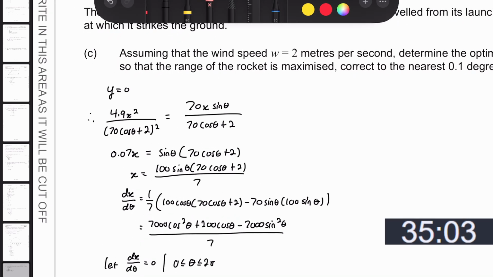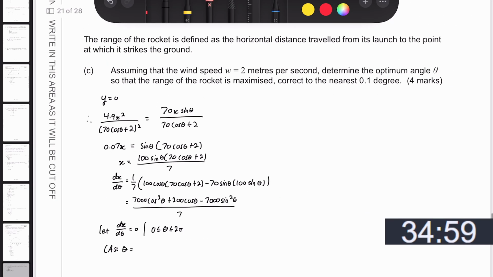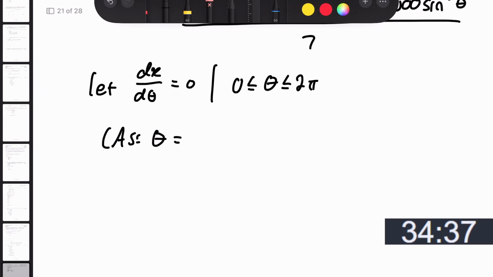Actually, I want it in degrees. Let me do that, 360 degrees. Now that is a lot of angles. Theta is 135.